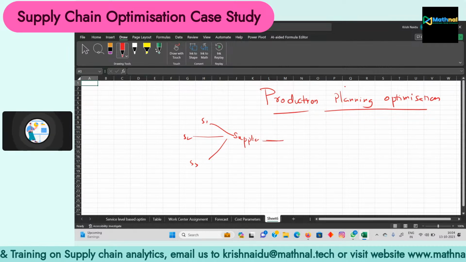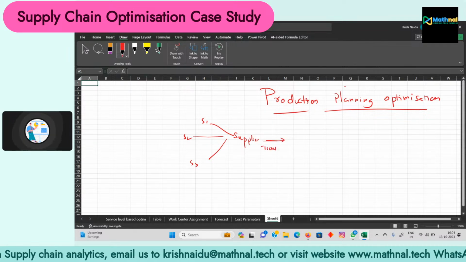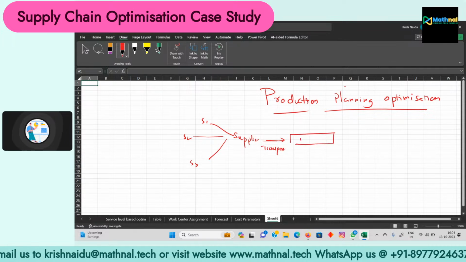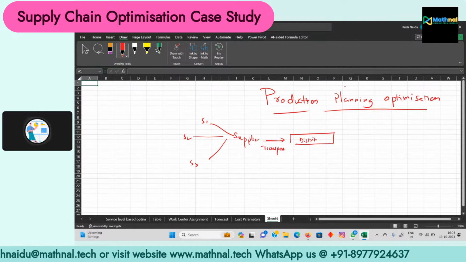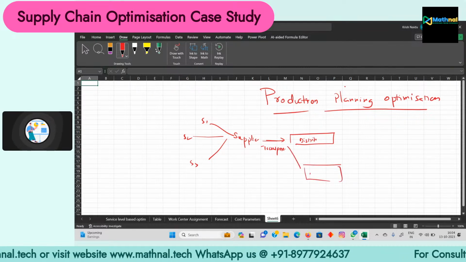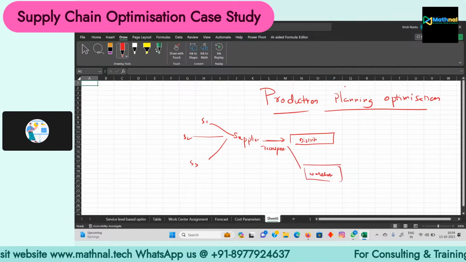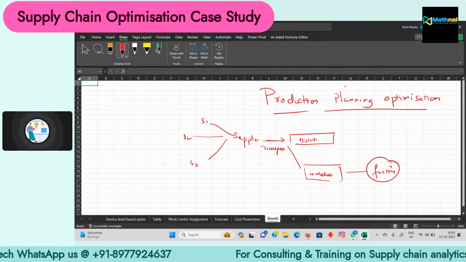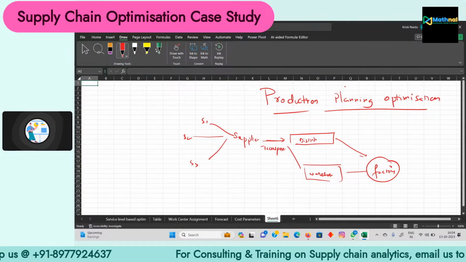These suppliers will ship the product using a transport medium to maybe a distributor or maybe your warehouse, right? And your factory will receive the goods from the warehouse or maybe from the distributor.